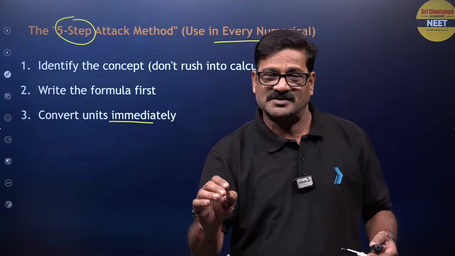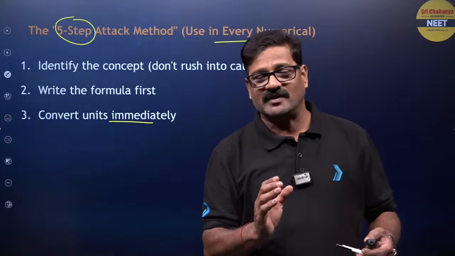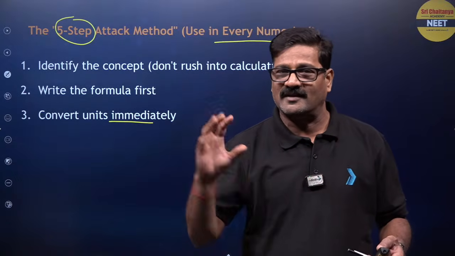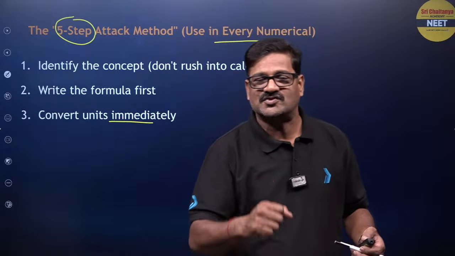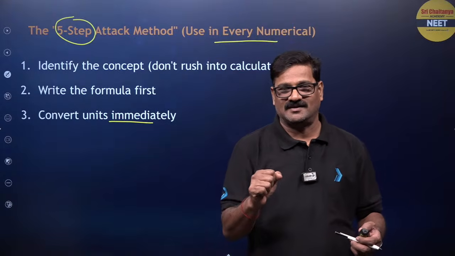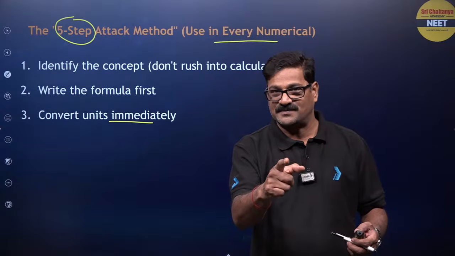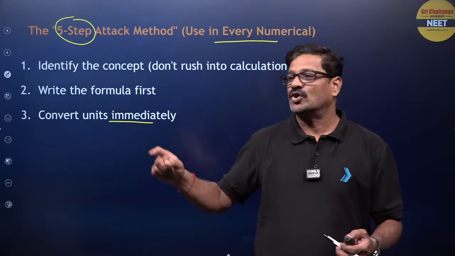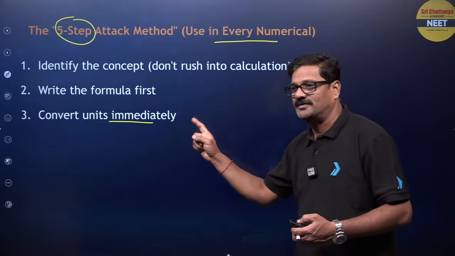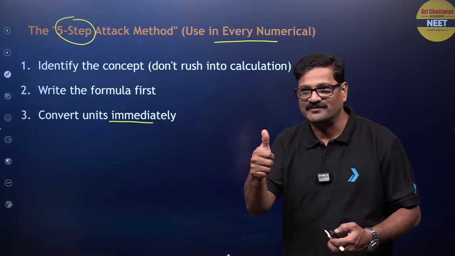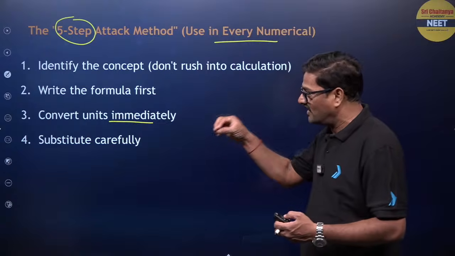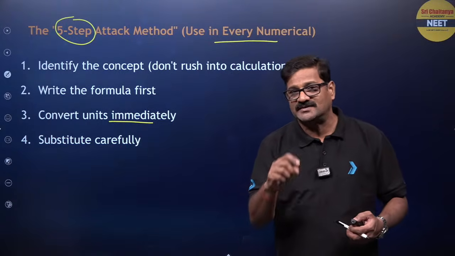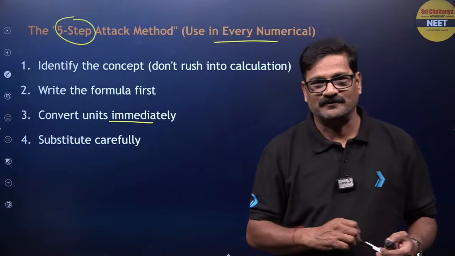Sometimes in the NEET examination, one parameter is given in one unit and another parameter in another unit. See the example formulas in electrochemistry, Kohlrausch's law especially, you will understand. So this point comes into the matter, right beta? Now substitute carefully along with the units, and dimension is also very important.